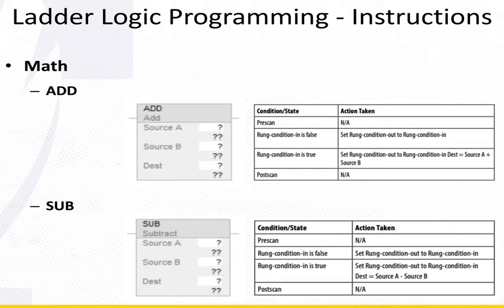The way that this instruction will execute is if the rung in condition is false. So if the rung in condition here is false, then it's just going to set the rung out condition to false as well.